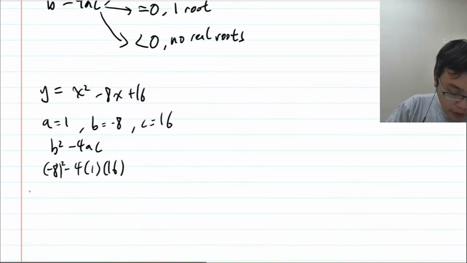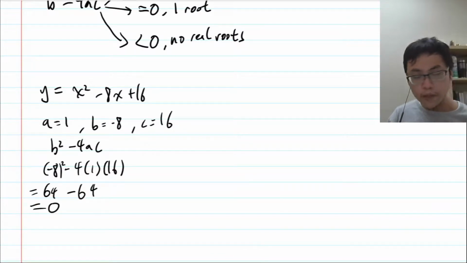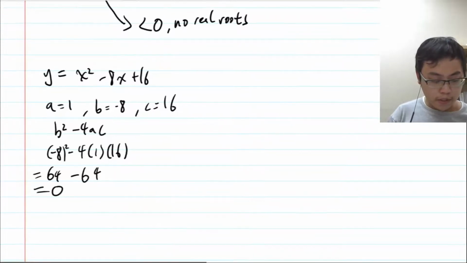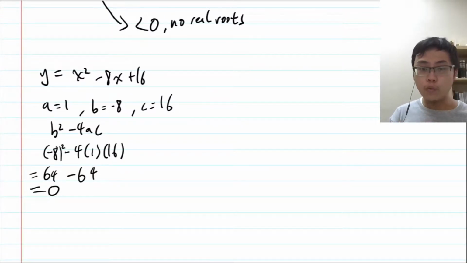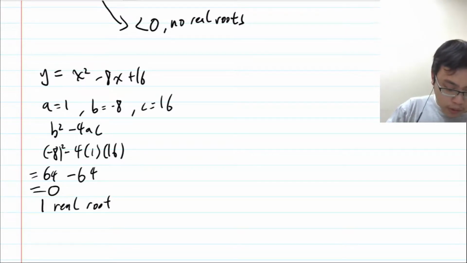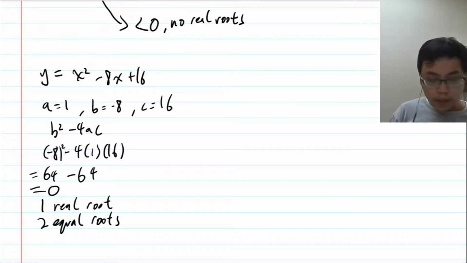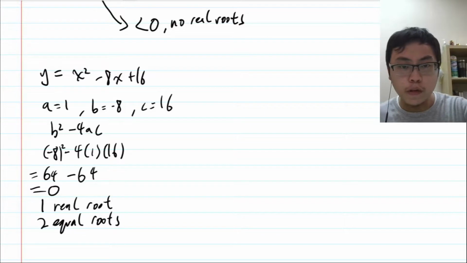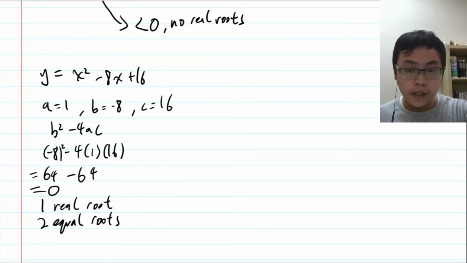And so we have here 64 minus 64, which is equal to 0. And so now we know that this is 0, which means that there is one root. So this means that there is one real root, or two equal roots. Now let's very quickly have a look at what that looks like in the graph.